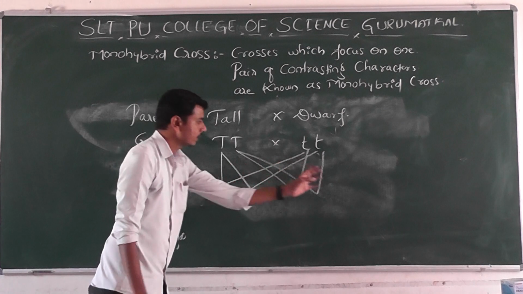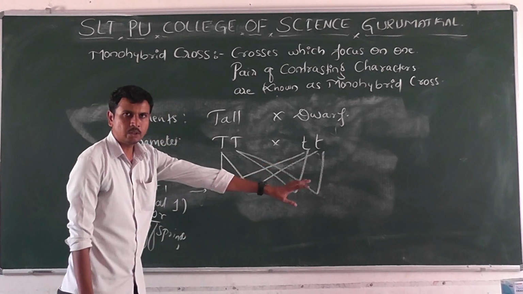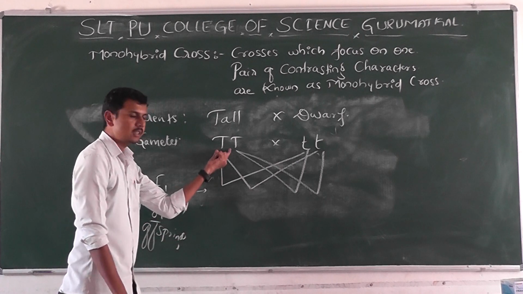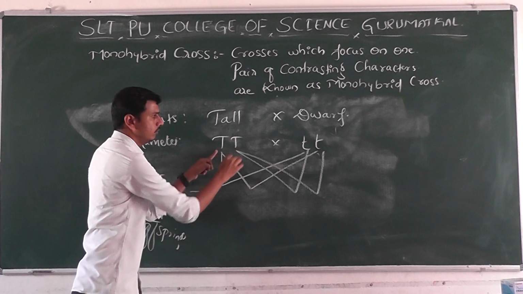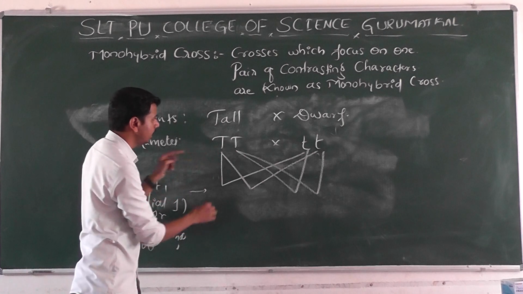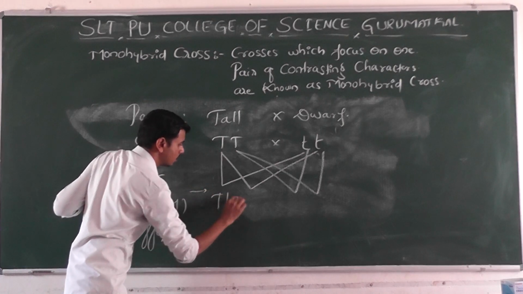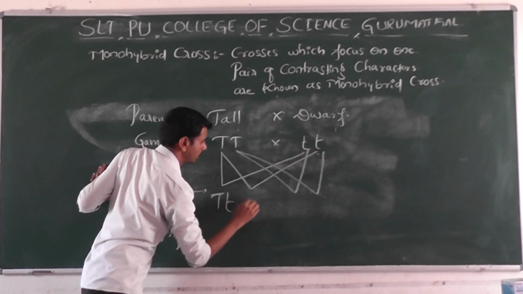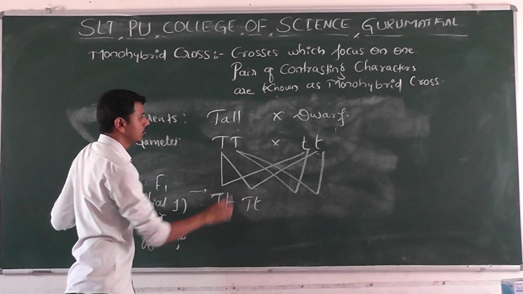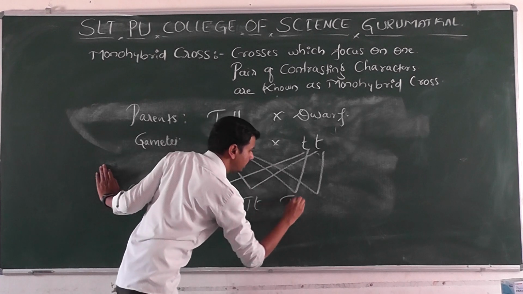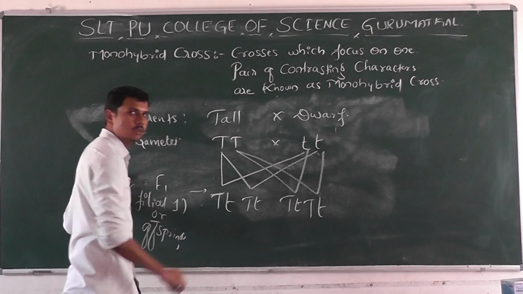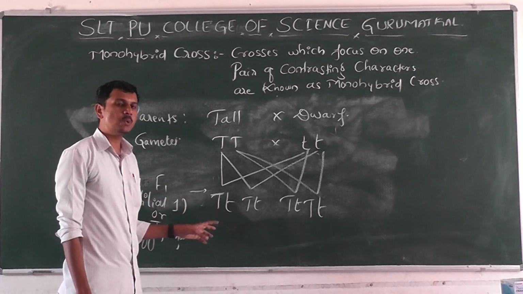This is how we are going to do the crossing. So in the F1 generation we can see capital T small t, capital T small t, capital T small t, capital T small t. So in the F1 generation, what have we got?